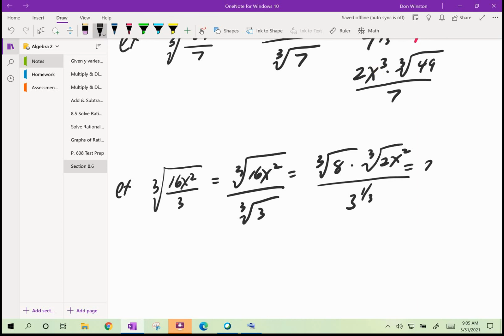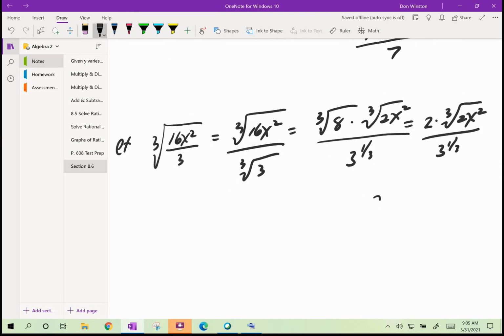The cube root of 8 is 2, so I have 2 times the cube root of 2x squared over 3 raised to 1/3. And now I multiply by 3 raised to 2/3, because 1/3 plus 2/3 is 3/3.